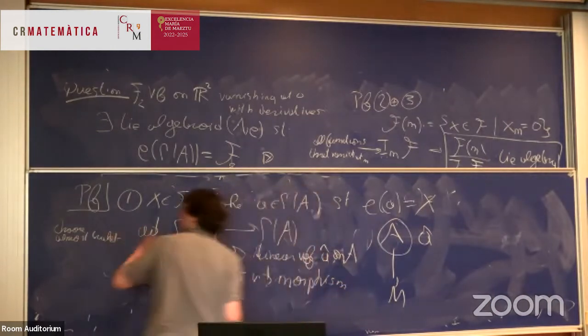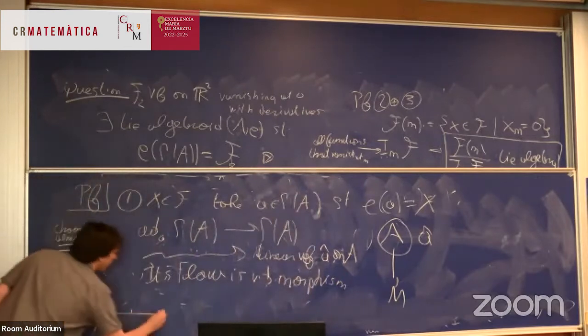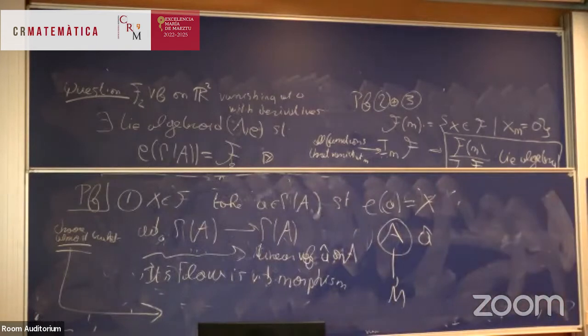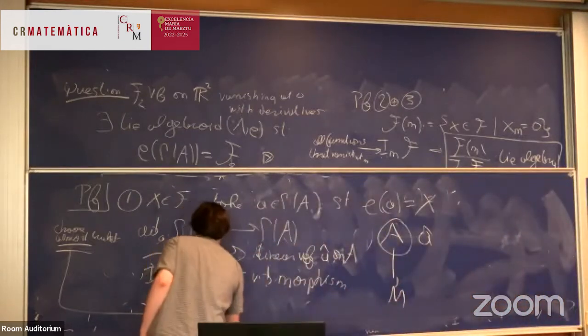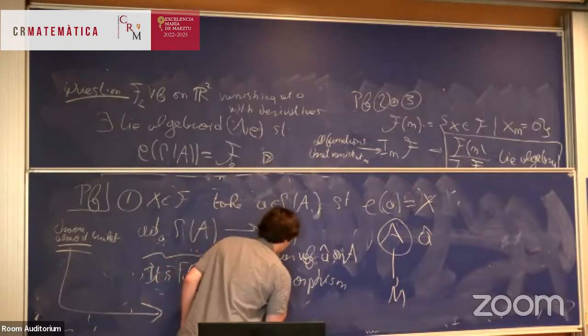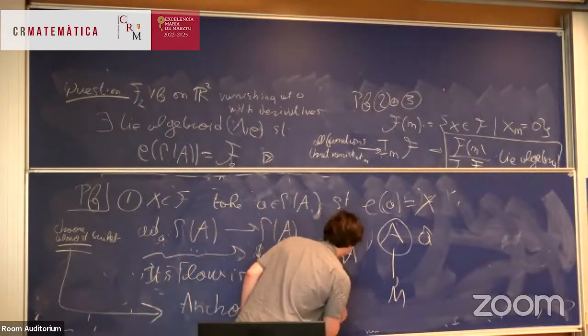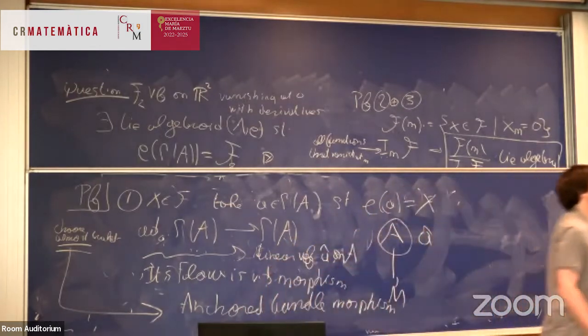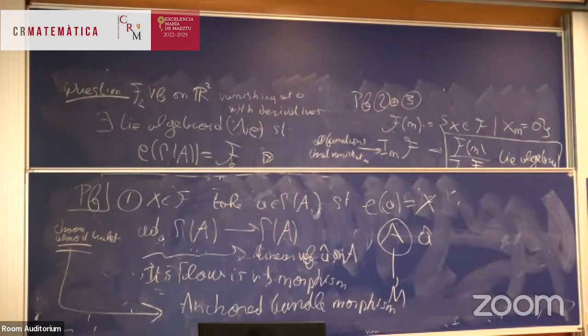Now, what is going to be implied is that these vector bundle morphisms extend rho. So it's not only a vector bundle morphism, it's an anchored bundle morphism. And there is a trick to prove it. And since it is an anchored bundle morphism, in particular, we just write down the definition. It means it maps F to F, because it maps sections of A to sections of A in a way that commutes with rho.